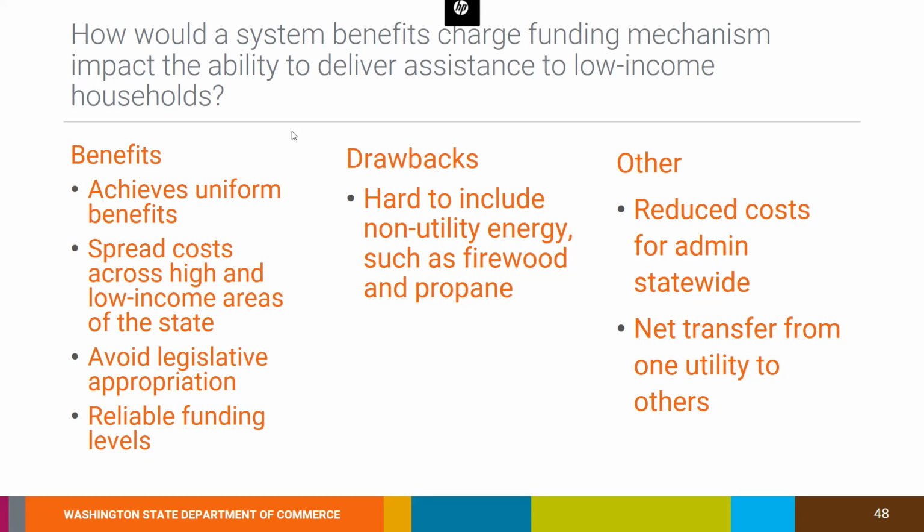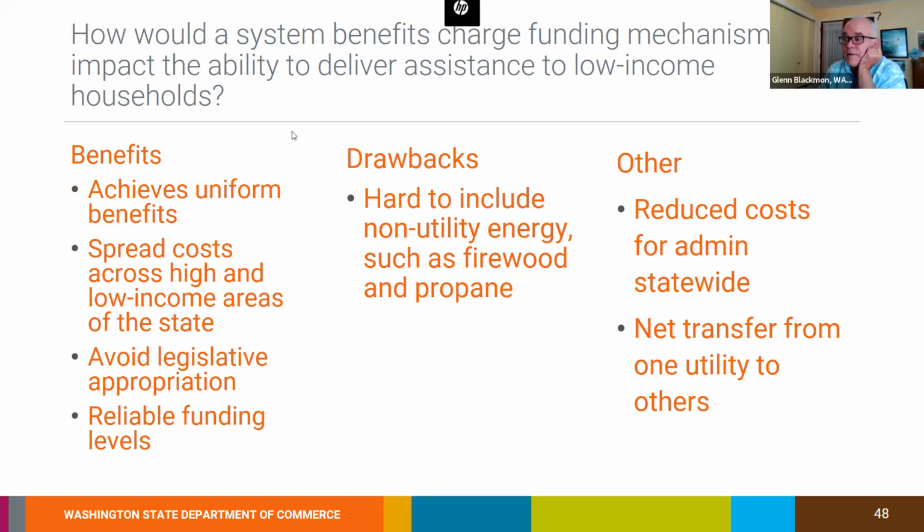The higher that number goes, the greater the impact on rates, which means either higher rate increases or lower rate decreases, but it's somewhat of a zero-sum game. For our specific utility, we do not have a specific charge on a bill for low income. It just comes out of our general rate design.